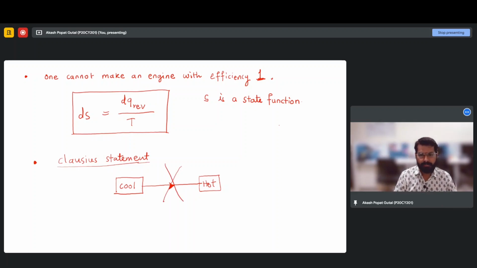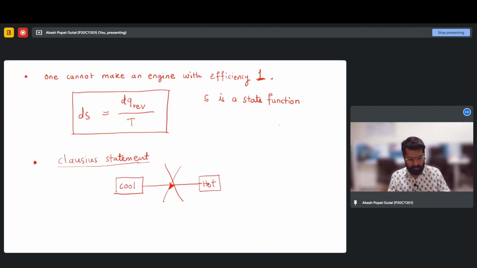The spontaneous process will be the transfer of heat from hot body to cold body, but it will never be the heat transfer from cold body to hot body. This is given by Clausius.